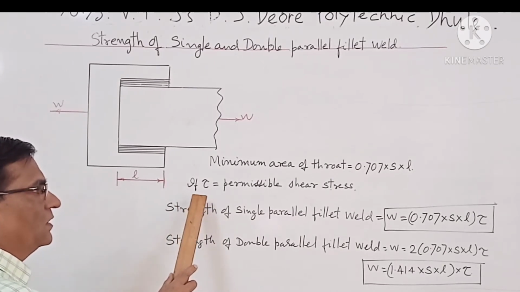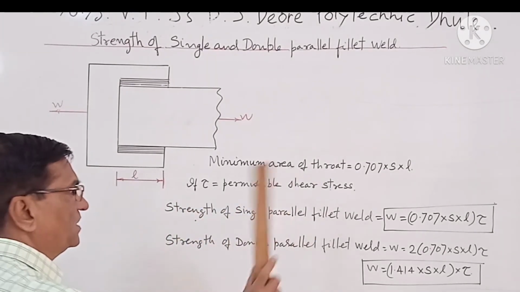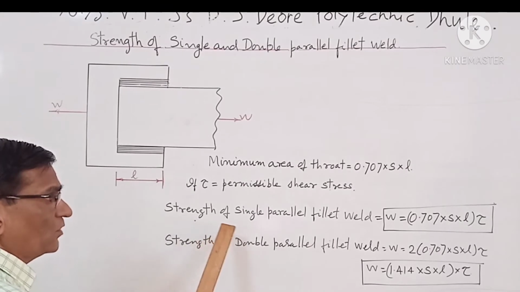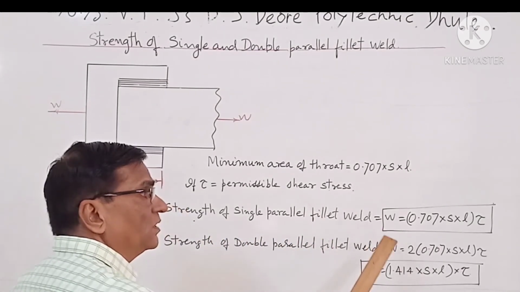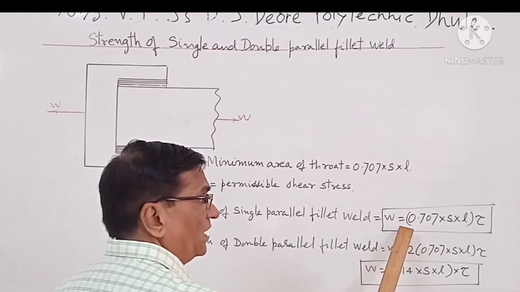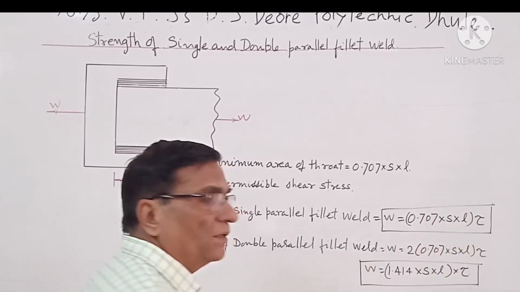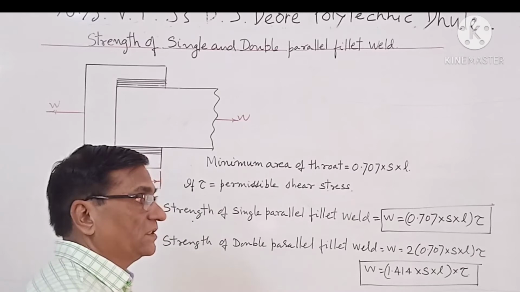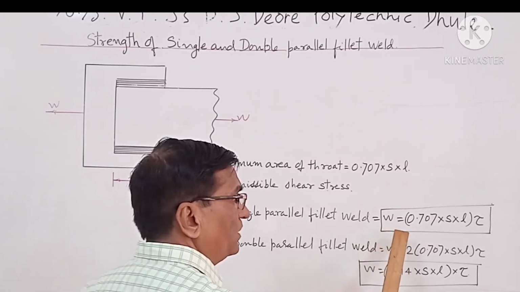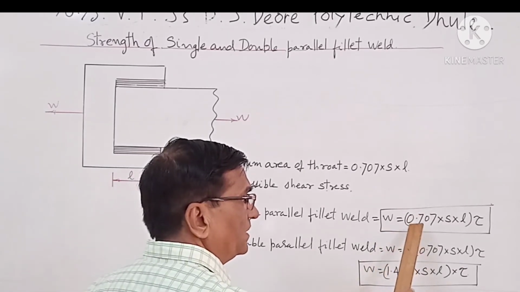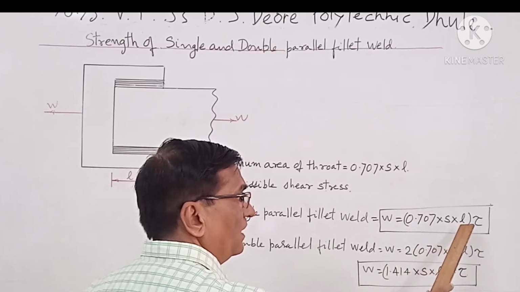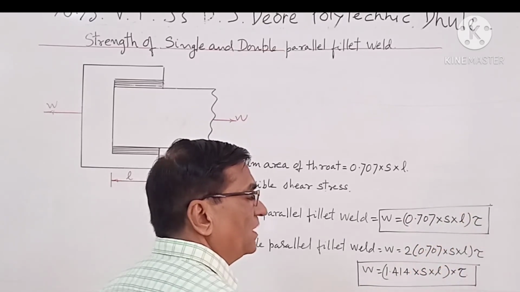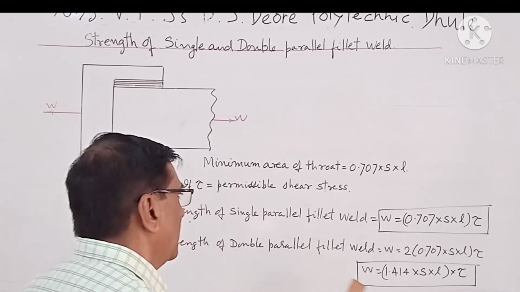Now if tau is the permissible shear stress, then the strength of single parallel fillet weld, W, is given by the area of throat multiplied by permissible shear stress. So W will be equal to (0.707 multiplied by S into L) multiplied by tau.